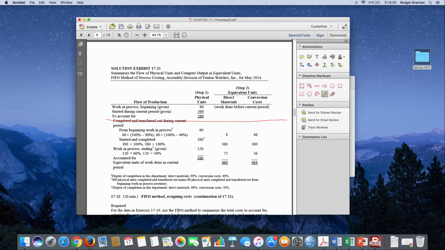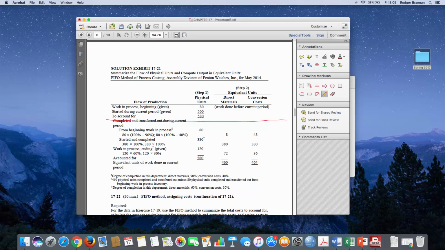If this were for, let's say, February, my equivalent unit costs are going to be measured as the amount of work done during this time period. So in essence, what I want to do with FIFO is to take only my cost added during this time period and divide it by only the equivalent units that I calculate, the work that I actually did in this time period. And that will give me my equivalent unit cost.